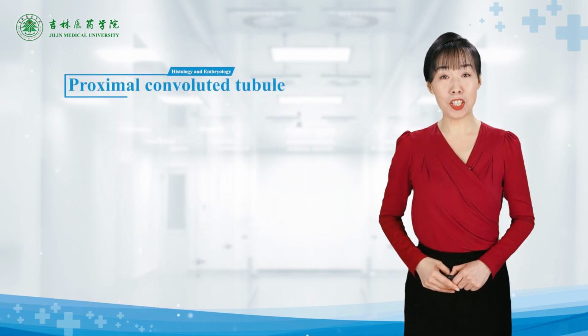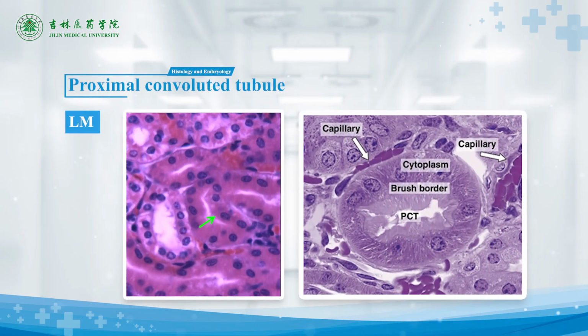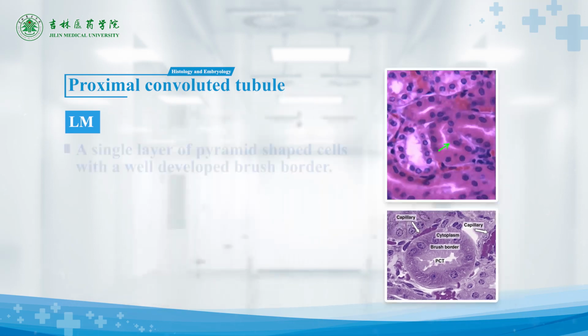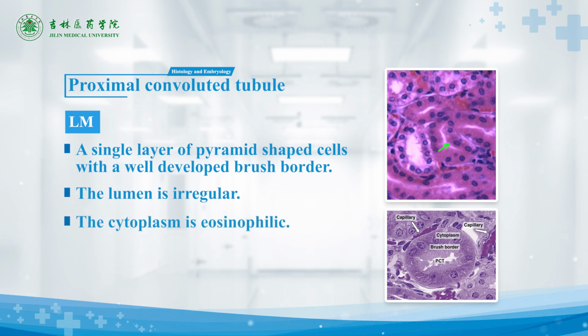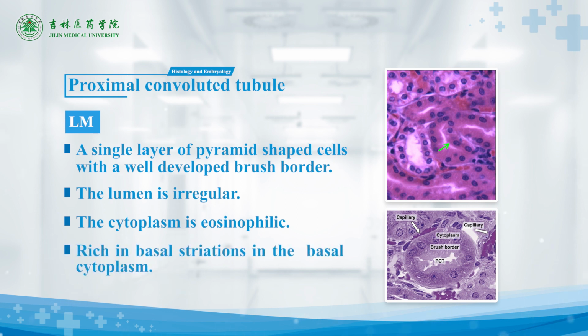Proximal convoluted tubule. Proximal convoluted tubule is lined by a single layer of pyramid-shaped cells with a well-developed brush border. The lumen is irregular. The cytoplasm is eosinophilic, rich in basal striations in the basal cytoplasm. The outline of the cell is obscure.